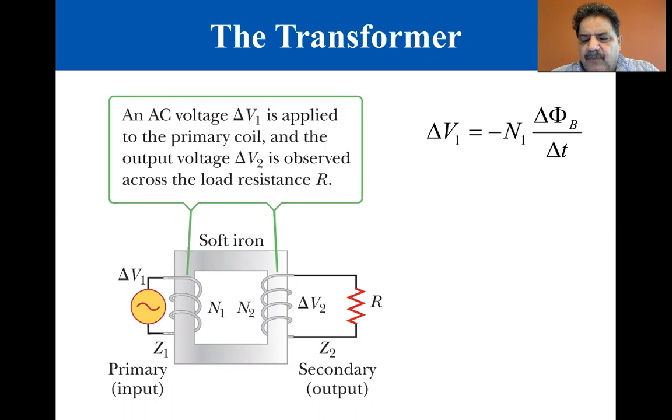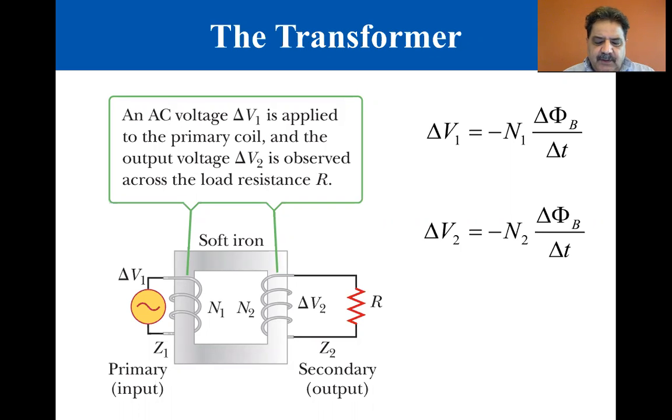Let's assume that no flux leaks from the iron core. So the flux through each turn of the primary equals the flux through each turn of the secondary. That means the voltage across the secondary coil is given by this equation: delta V2 equals minus N2 times the change in flux over the change in time.